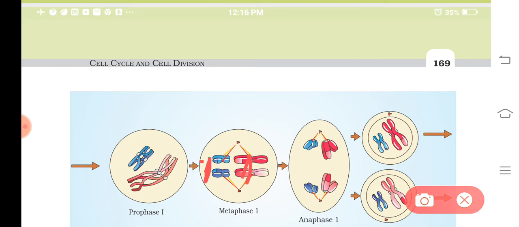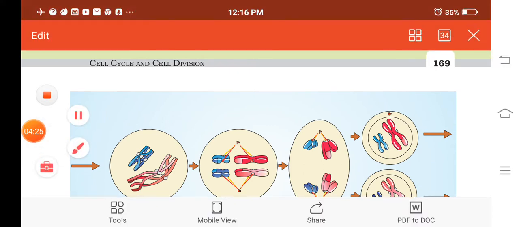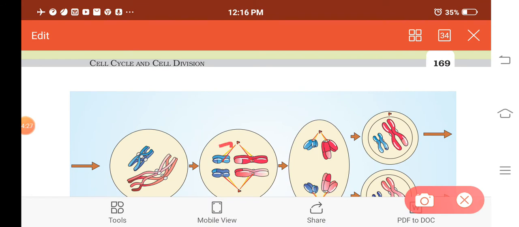They get arranged in the equatorial plane, and the spindle fibers from one pole are attached to one chromosome of a pair, and the spindle fibers from the other pole are attached to the other chromosome of that pair. Understood?